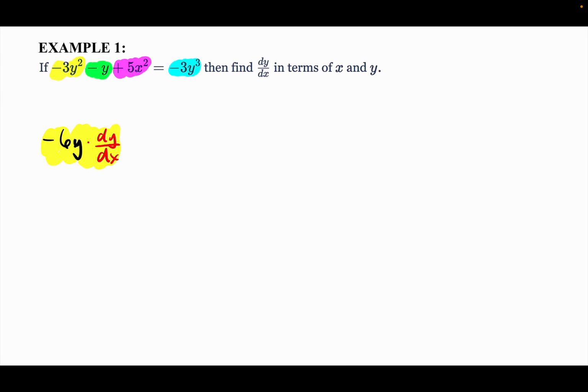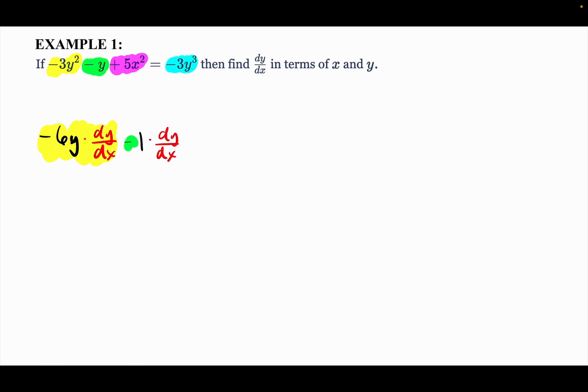The yellows go together. Green. What's the derivative of the green? Yeah, 1 times dy over dx, right? So negative 1 tag dy over dx, because the derivative of negative y is just negative 1.